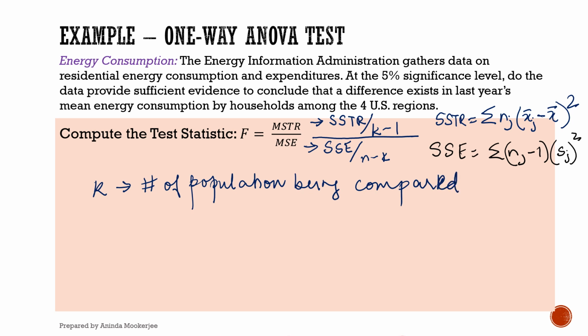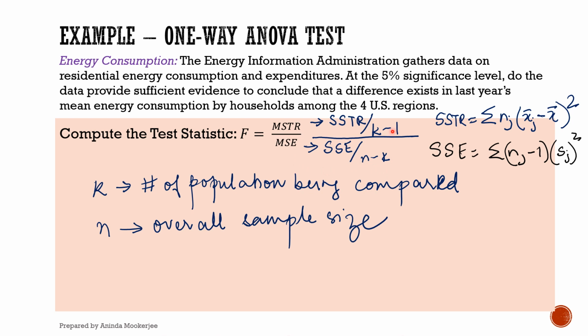And N is the overall sample size. So once we know what our K is, we know what our N is. For the denominator DF, degrees of freedom, we just do N minus K and divide SSE by that quantity.